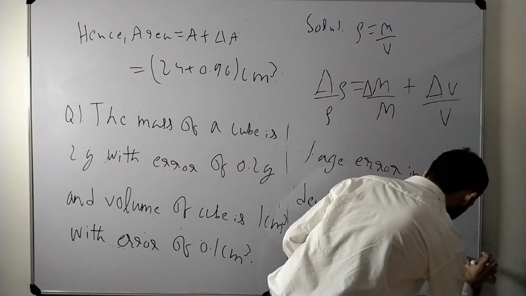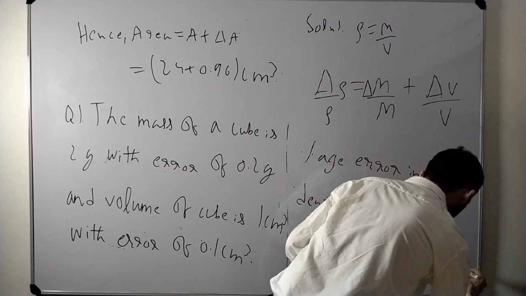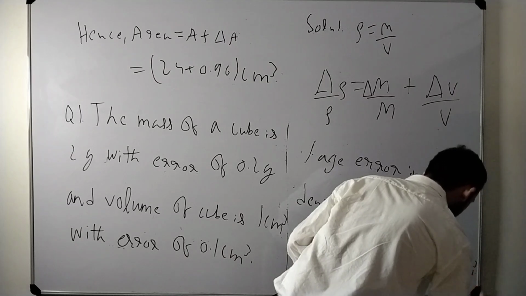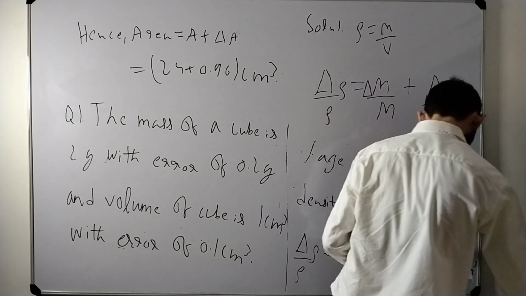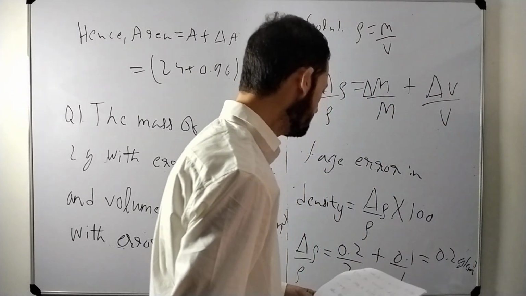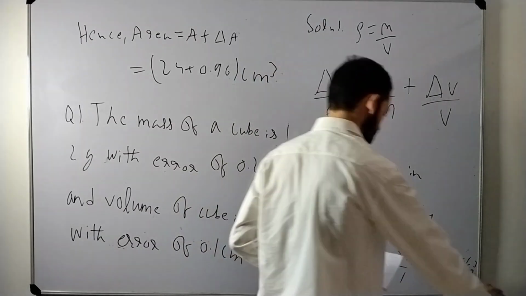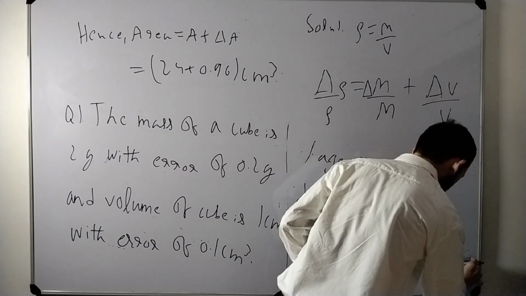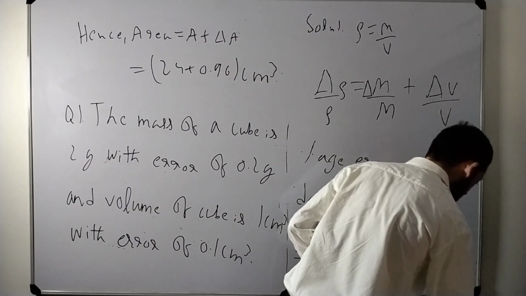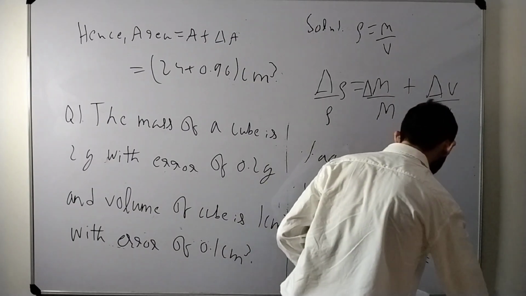Very good, students. Actually, not gram per centimeter cube, it is a ratio. Yes, you are saying right. It is a ratio. Don't take units here. 0.2. Very good, students.